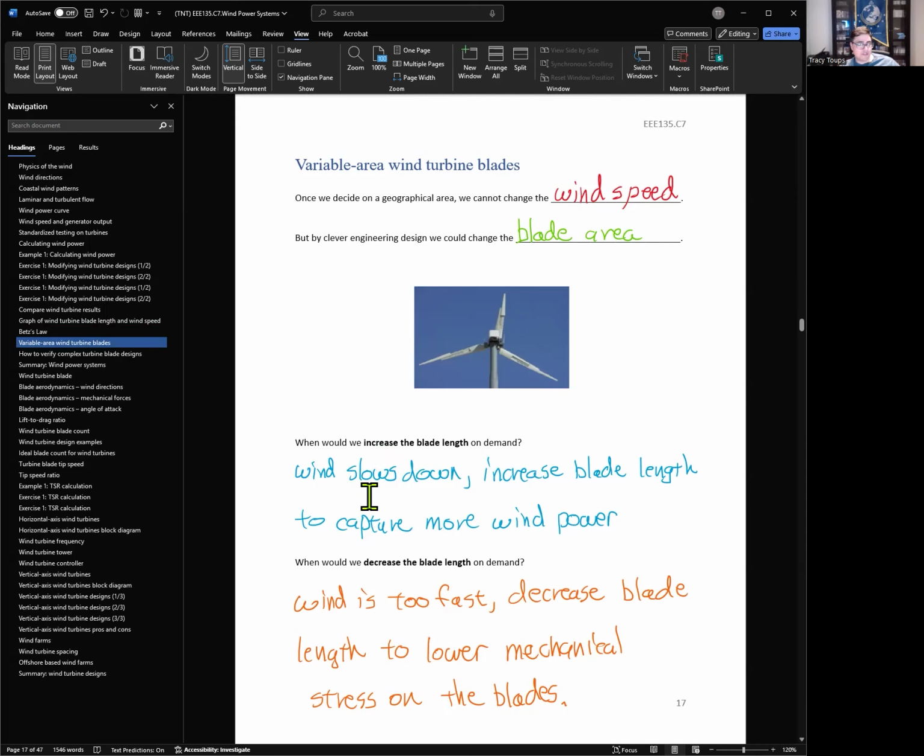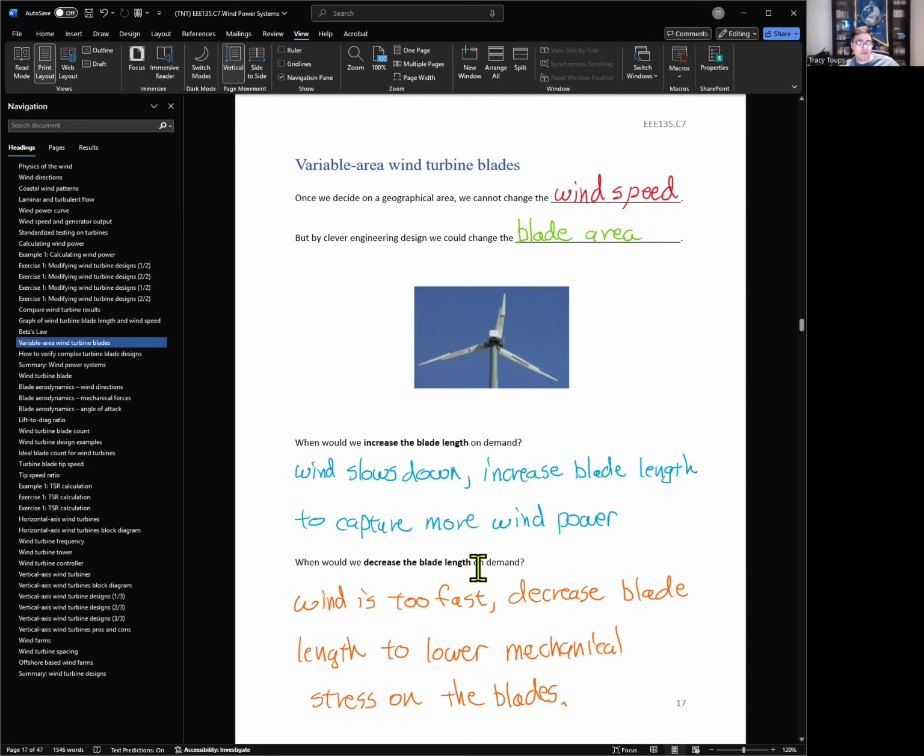Well, let's say the wind slows down one day, right? So normally it's fast one day, but another day it slows down for some reason. We can increase the blade length to make up for the lost power of the slow wind, right? So increasing the blade length will capture more wind power. So that's a good thing. So on slow days, increase the blades, we get constant power output, right?